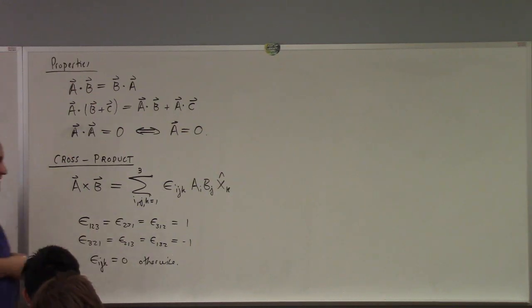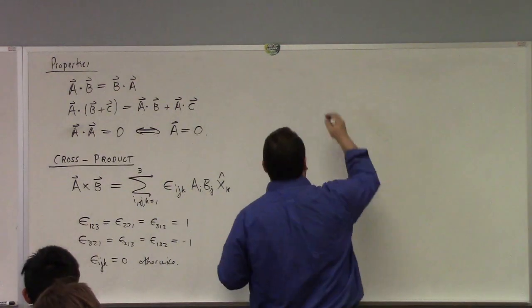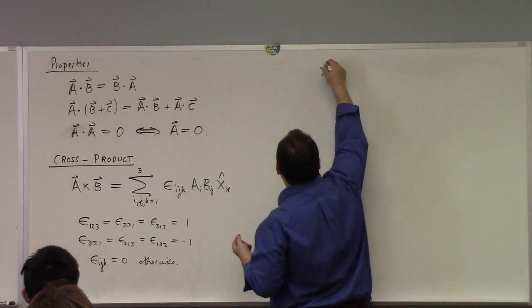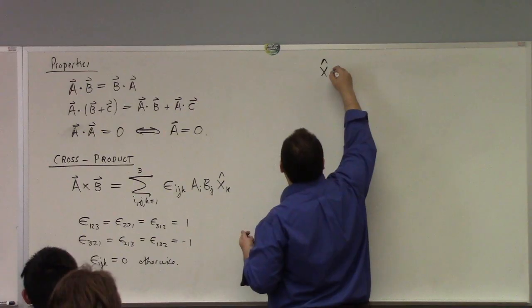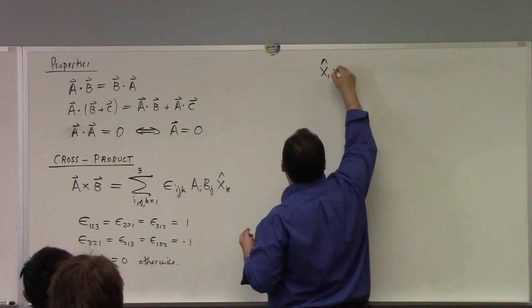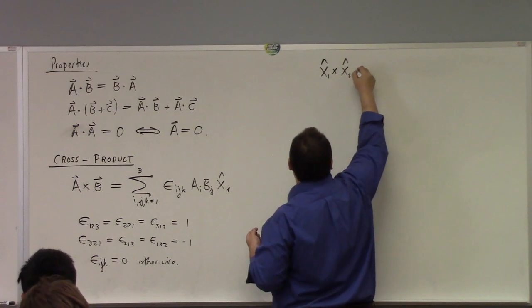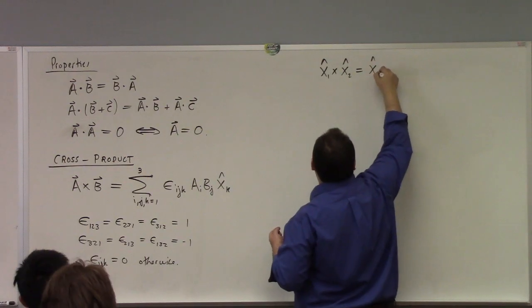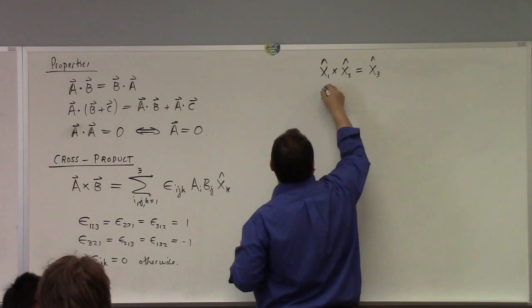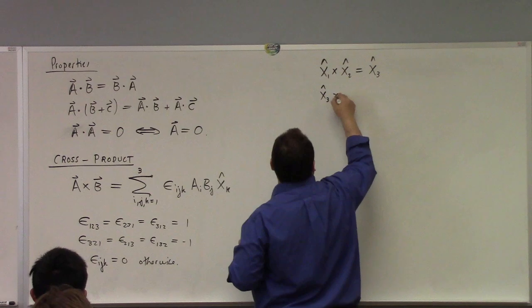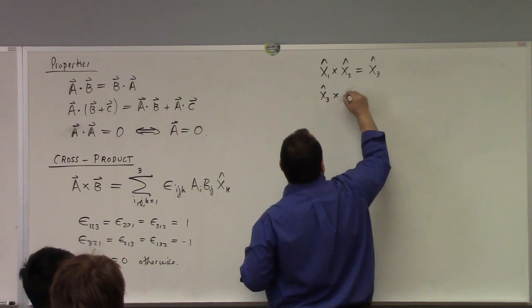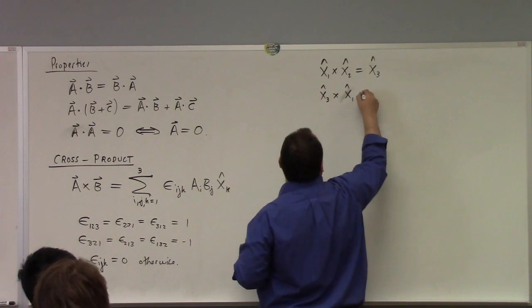And this notation also elegantly allows us to express other truths. For example, x hat 1 cross x hat 2 is equal to x hat 3, right? x hat 3 cross x hat 1 is equal to what?